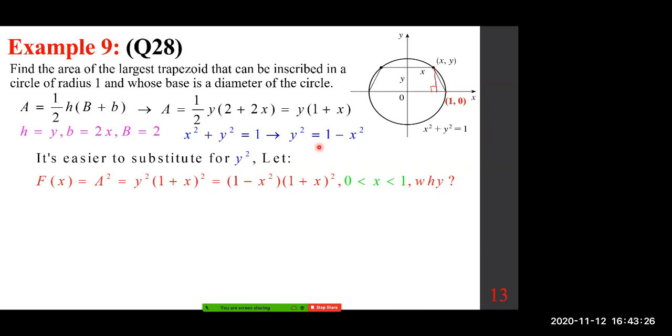Okay, now x is between 0 and 1. I hope everybody understands why, because this is 0 and this is 1. The circle has a radius of 1. So there is no way that you can have x to be 1. x must be less than 1. It can't be, because let's say x is equal to 1.